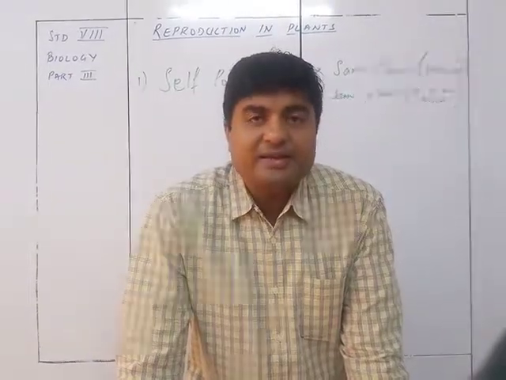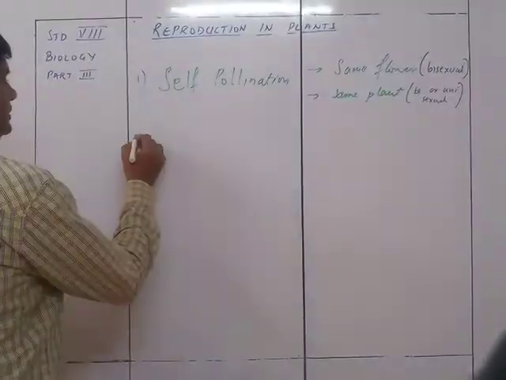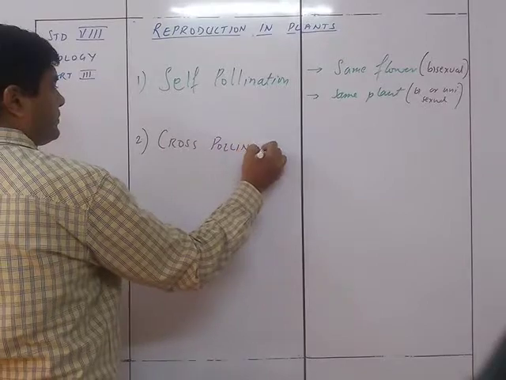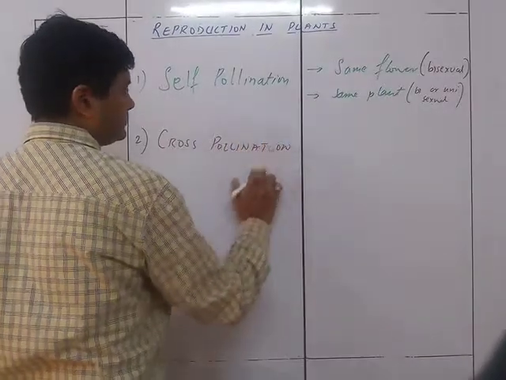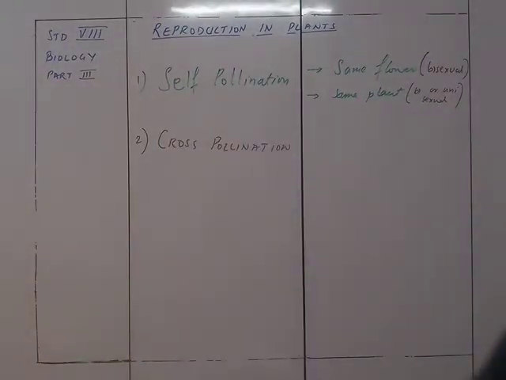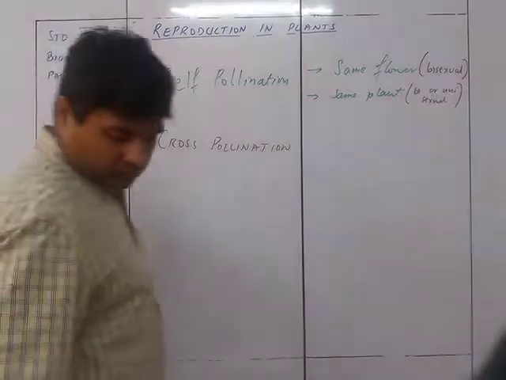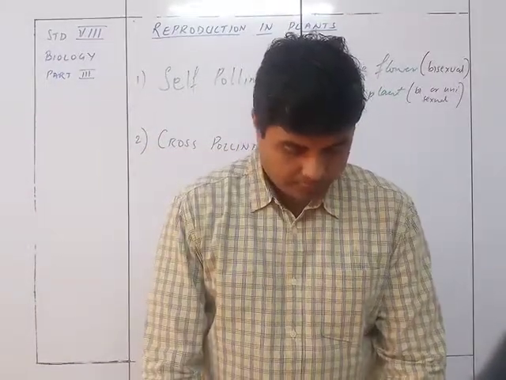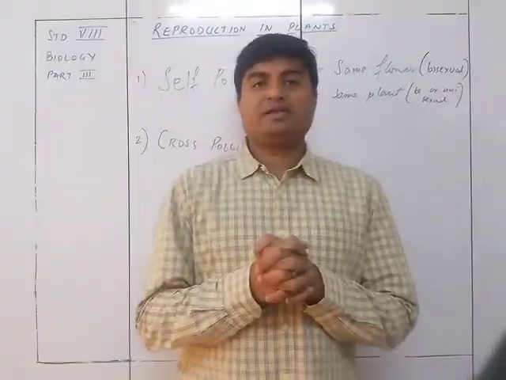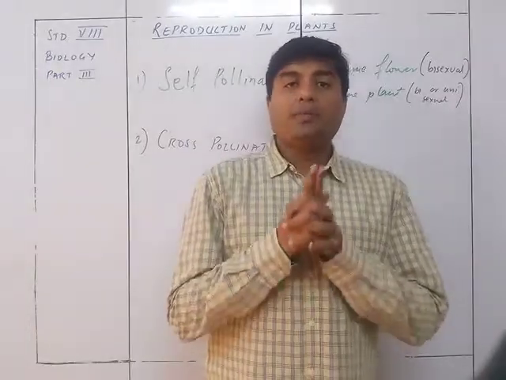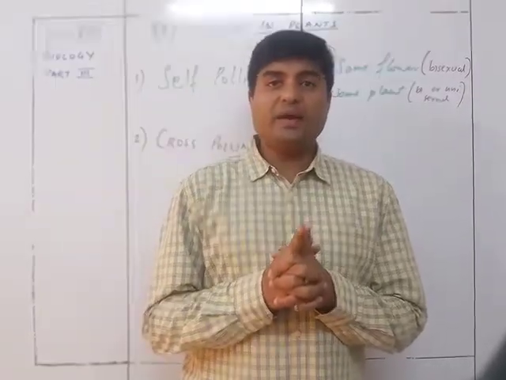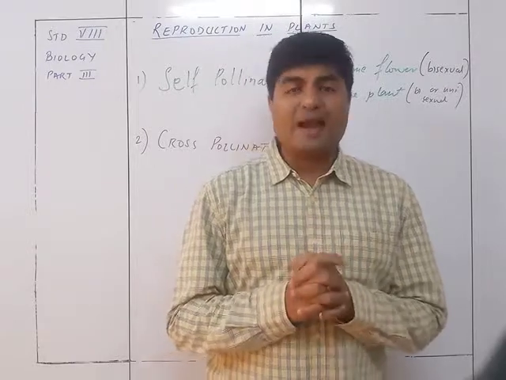The next thing we are having is cross-pollination. So when the pollination is taking place between two flowers in such a way that they are not from the same plant.